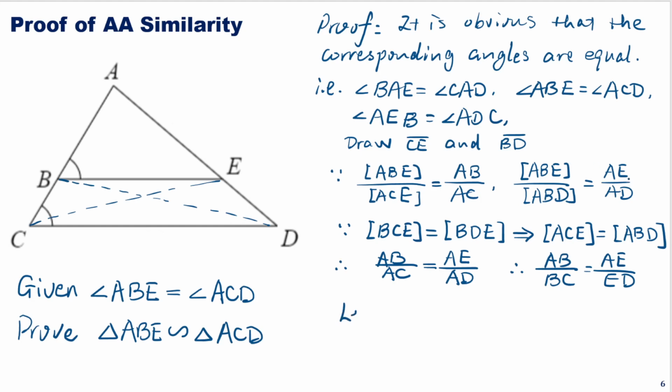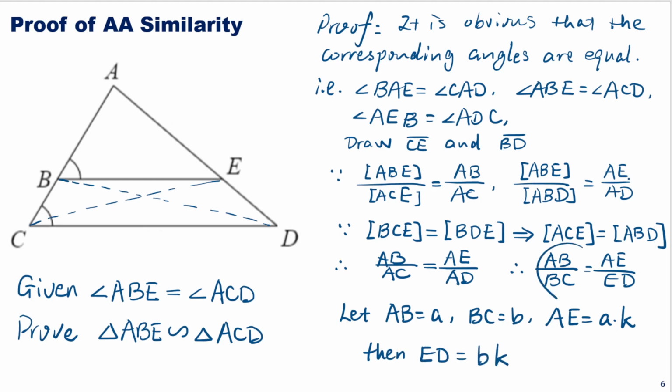Okay, then let AB equal, for example, a, and BC equal b, and AE equal a times another letter k, where a, b, k belong to the real number set. Then we know ED must equal b times k, because you need to ensure this ratio is a constant, right? Where a, b, k are not zero.